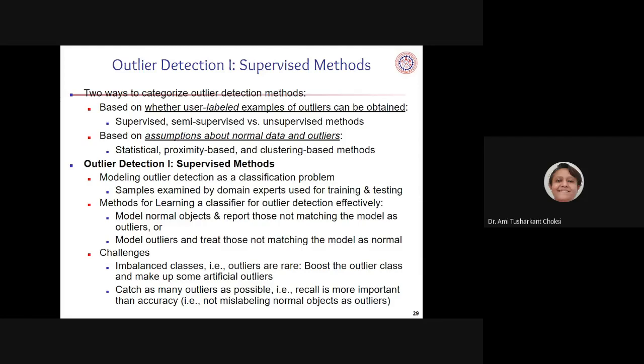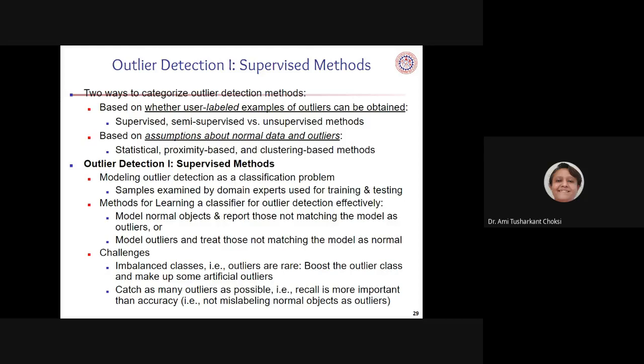So we are modeling the outliers, those characteristics we are modeling, and treat those not matching this model as the normal, right? In this first one we model the normal objects and the remaining as outlier. Here we are modeling outlier and remaining are the normal. You can see the difference, isn't it?